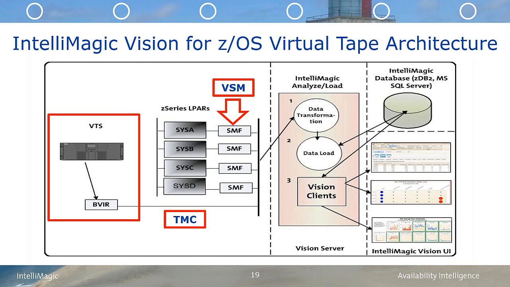That data is processed. It goes through what we call an analyze process to transform that data into statistics that we can then analyze and look at. We load it into a database, and that database can either be MS or SQL Server on a Windows platform, or a DB2 platform on your z/OS system if you so desire. Once that's done, we have a couple of Vision clients.